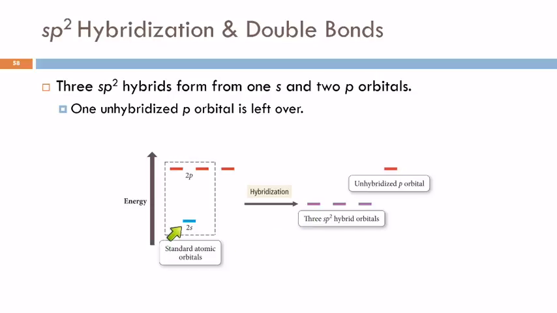The s orbital is lower in energy than the p orbitals are, and so the hybrid ends up being between them in energy, right? So we're going to end up with 3 sp2 hybrid orbitals because they have an s and 2 p orbitals hybridized together. So we'll get these, and then this one wasn't included in the hybridization, so it's just still sitting there as a regular old p orbital.